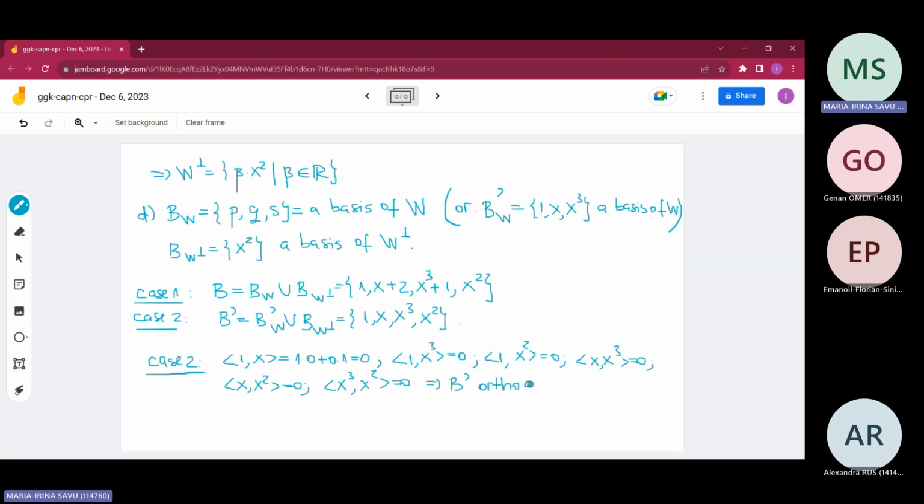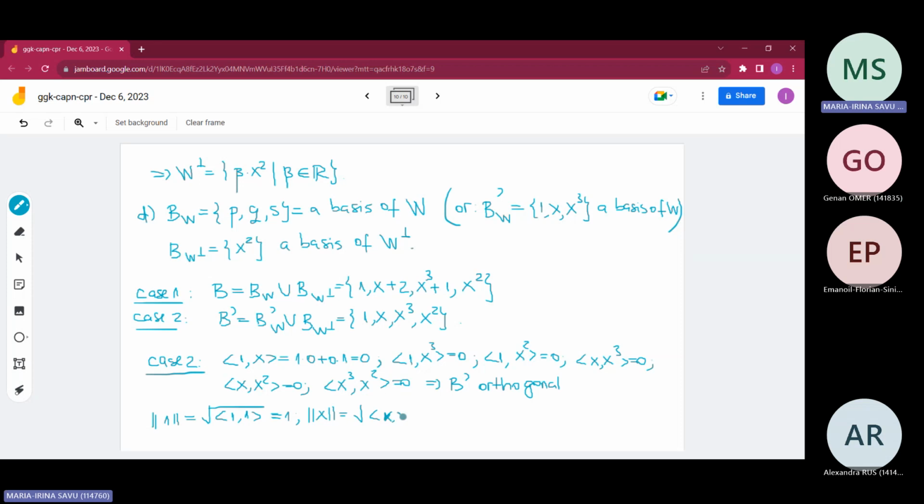But do the vectors here have norm 1? Let's find the norm of 1, this polynomial. The norm of 1 means the square root of the dot product of 1 with 1, which is 1. Perfect. The norm of x is 1 as well.